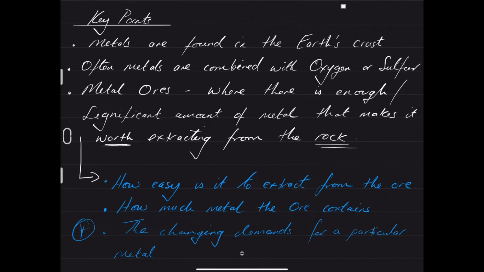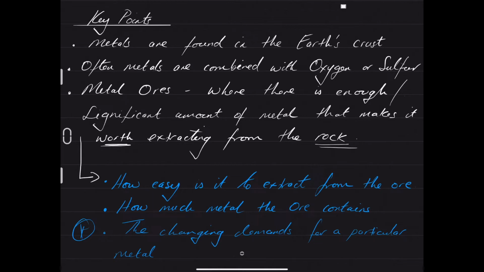If we go back, let's say 200 years, for example, lithium, it's a metal. Now, lithium 200 years ago would not be as valuable as it is now. Why?